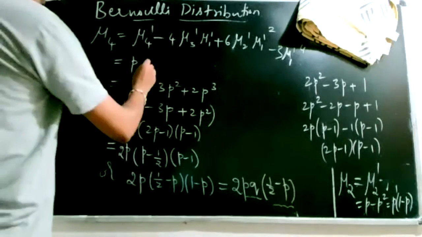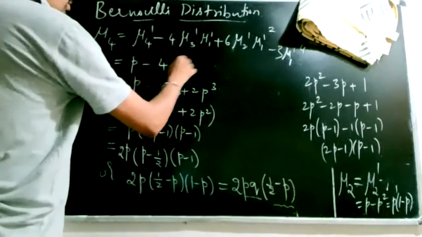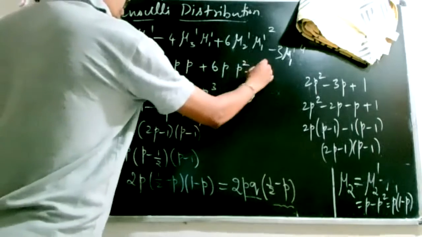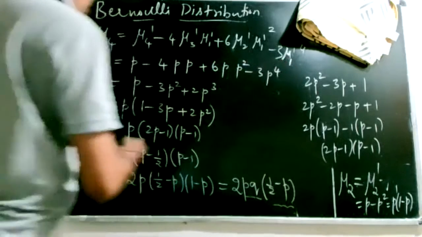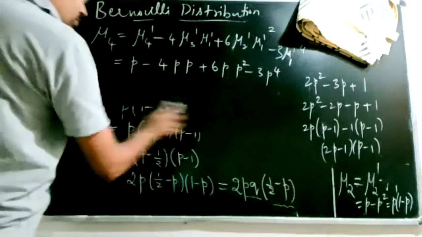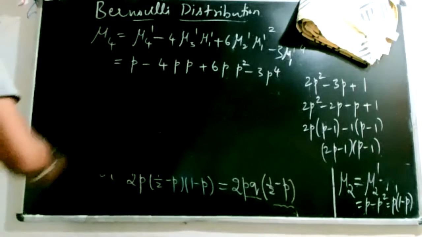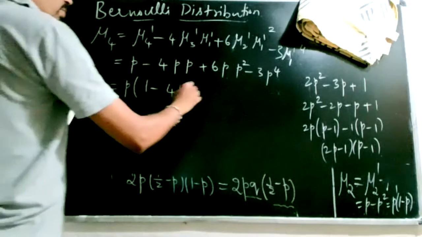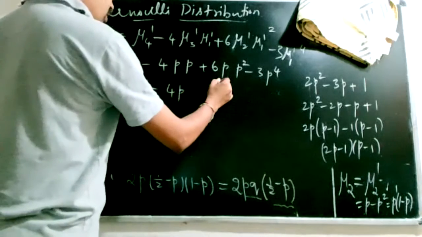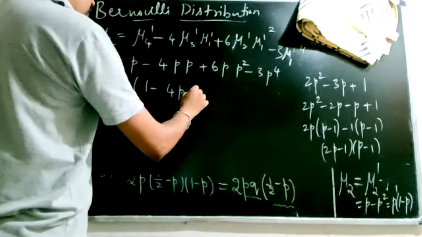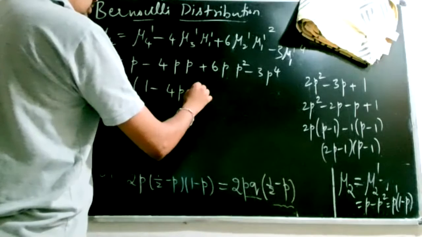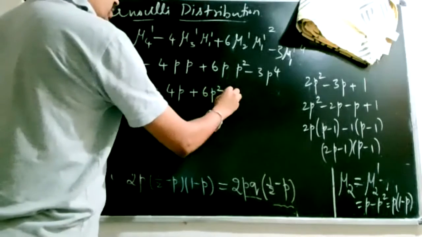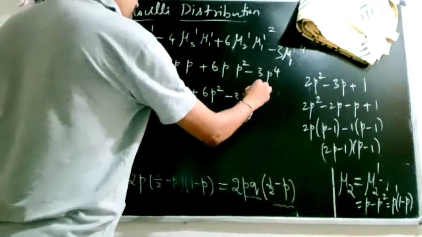So you get p minus 4p into p plus 6p into p square minus 3p power 4. So I can take p outside, and I'll be left with 1 minus 4p plus 6p square minus 3p cube.